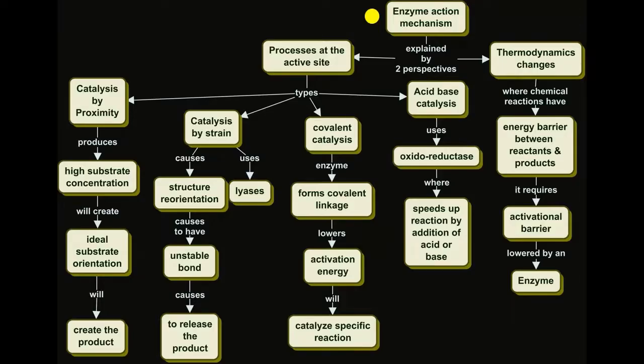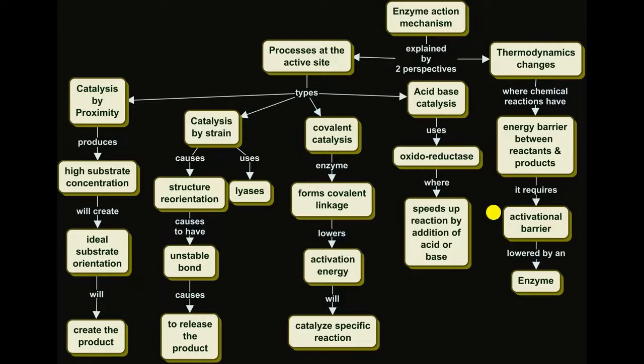Enzyme action mechanism. There are 2 explanation perspectives about the enzyme action mechanism, and the first one is thermodynamic changes. It is said that a chemical reaction has an energy barrier between the reactants and the product.